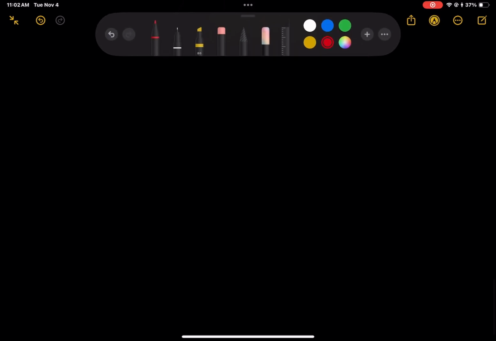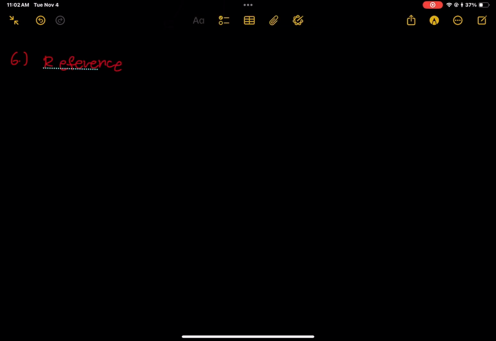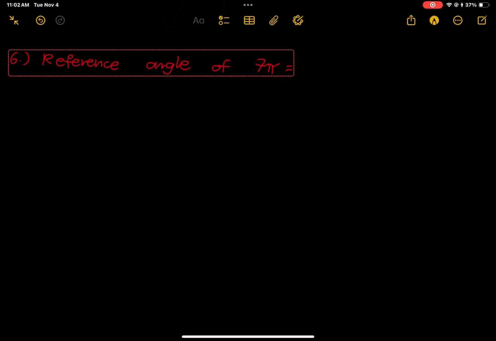Next, to our last problem, the sixth problem. We have to find the reference angle of 7 pi over 4.